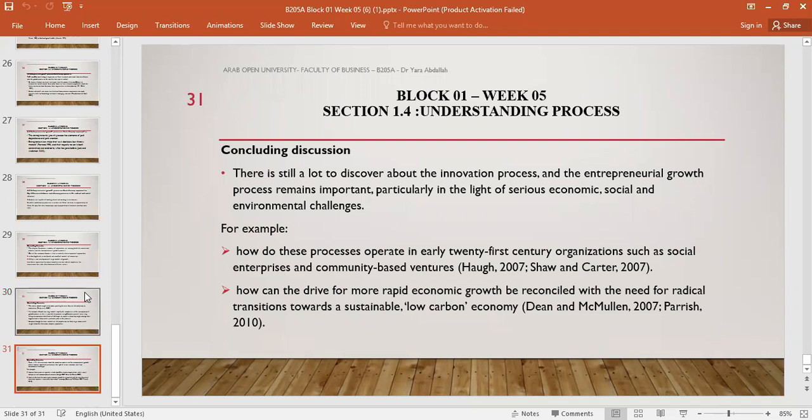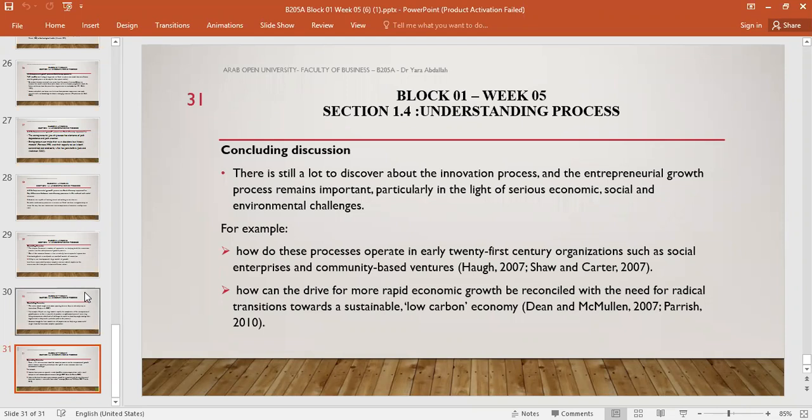Here, you are going to find that most of the recent models try to be very inclusive and discuss how you can be, as a venture, very dynamic to the surrounding environment.